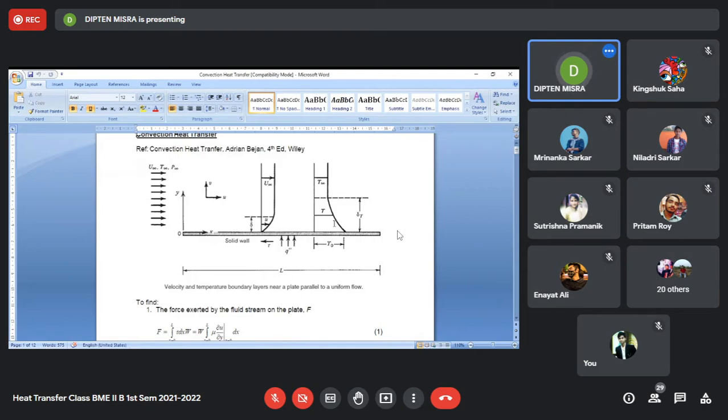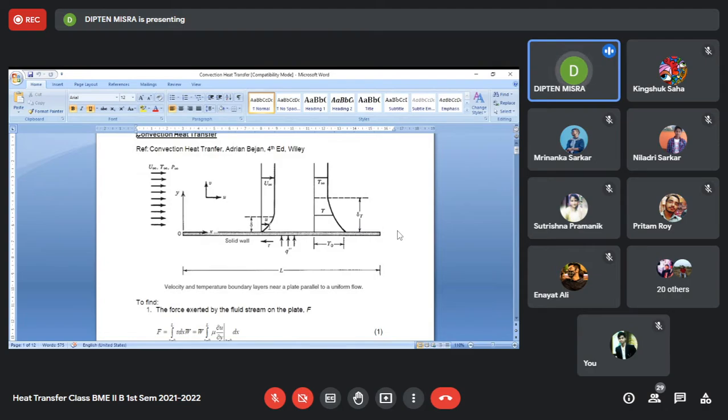They are interlinked. For the case of natural convection, the variation of U will be very much connected to the variation of temperature, because it is temperature that is causing the fluid to flow. So independent of the temperature variation, we will not be able to calculate the velocity variation for natural convection.